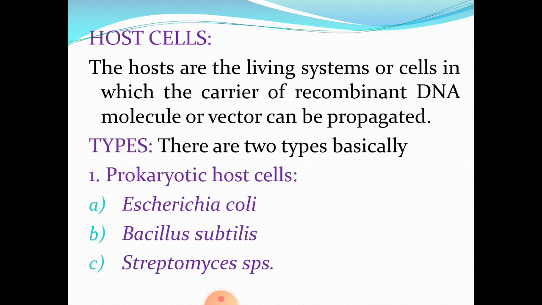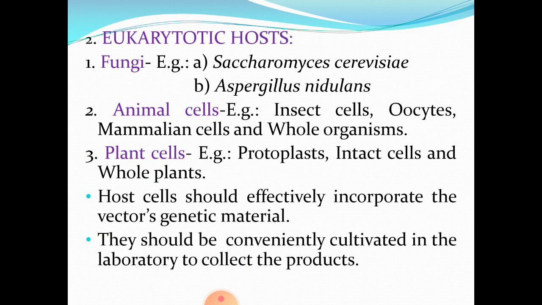Then coming to the eukaryotic hosts, we make use of three categories of cells. One, fungi, another one, animal cells, another one, plant cells. Coming to the fungi, we use Saccharomyces cerevisiae, common baker's yeast, as the host cell, or sometimes people do use another fungus, that is Aspergillus nidulans. Then sometimes you can make use of animal cells directly as host cells.